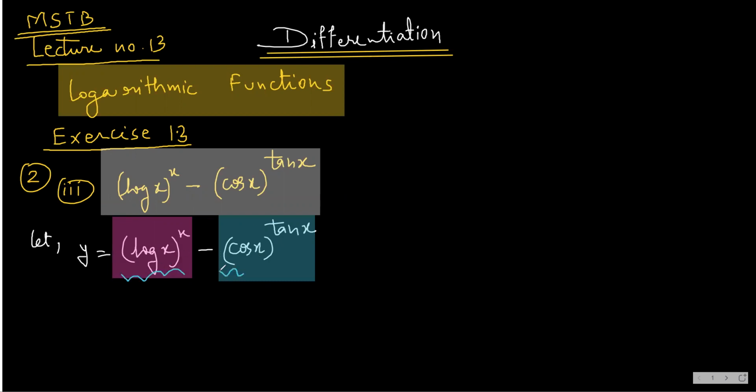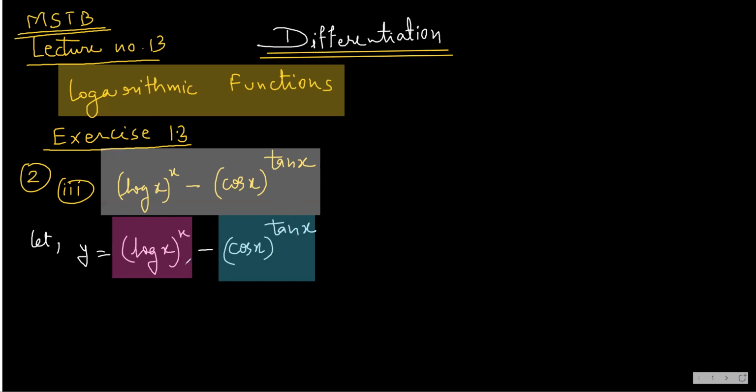Further, log x raised to x is a variable raised to variable type, with a variable in the base and a variable in the power, and this is also a variable in the base and a variable in the power. So both are variable raised to variable type functions.